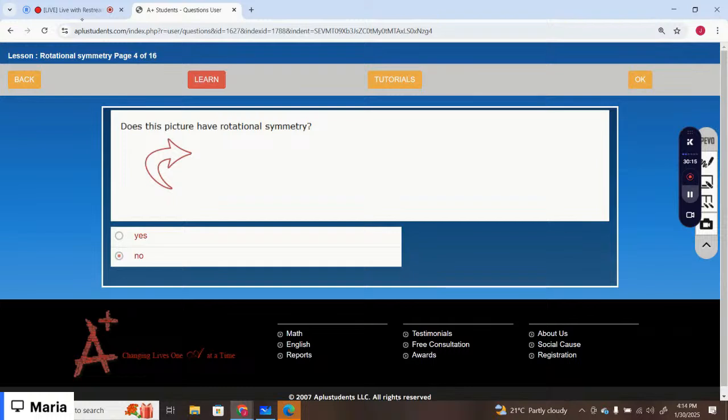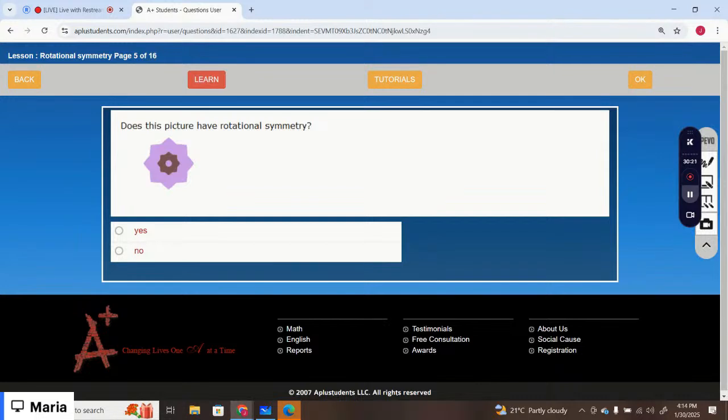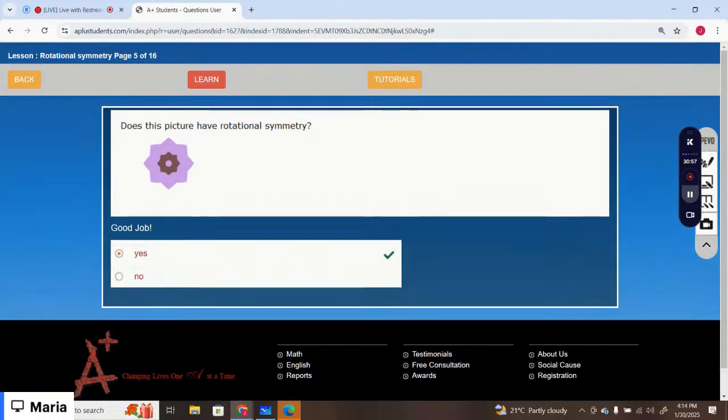The correct option is no. The correct option is yes, the picture has rotational symmetry.